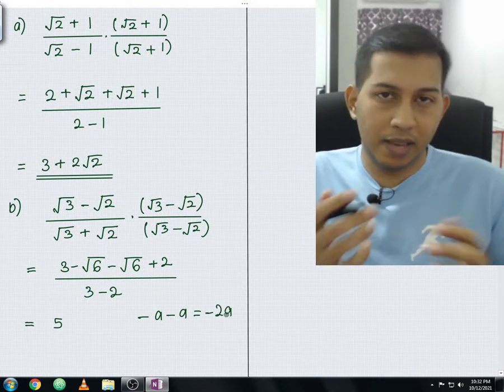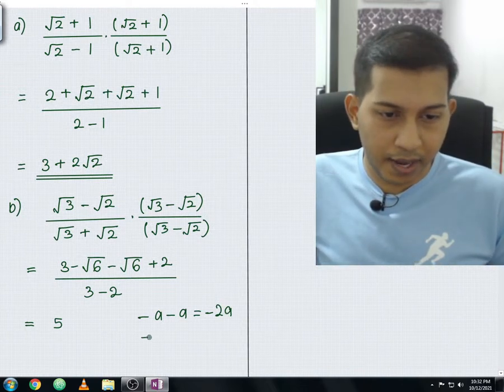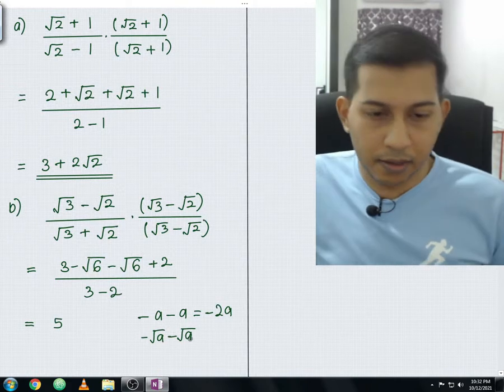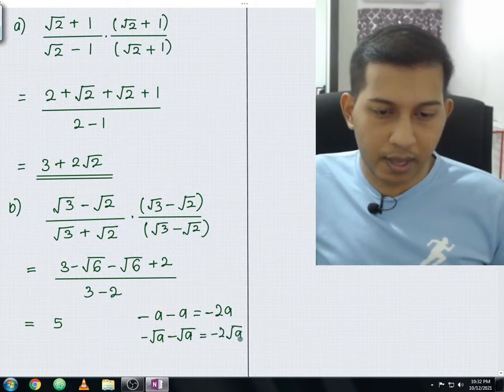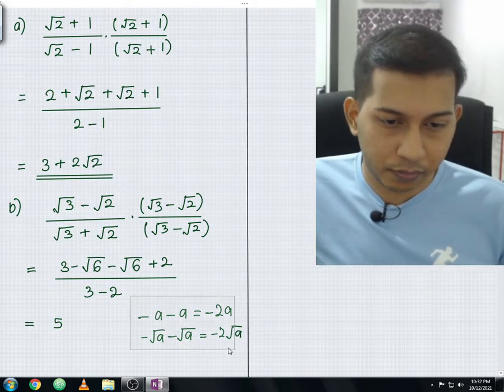The same concept applies to the surd. So negative √a minus √a, you will get negative 2√a. I hope you understand the concept behind this.